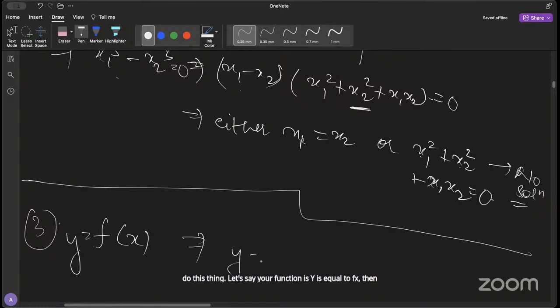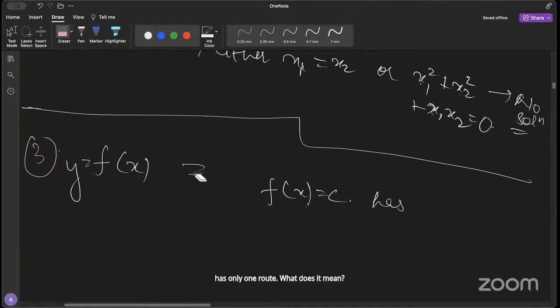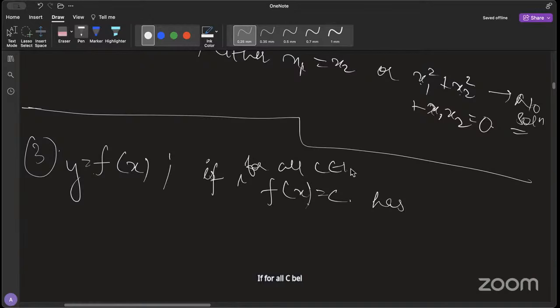If fx is equal to c has only one root for all c belonging to real numbers, that means no matter what real number I take, fx is equal to c has one root. What does it mean? It may be a linear function. Let me just say it has at most one root.